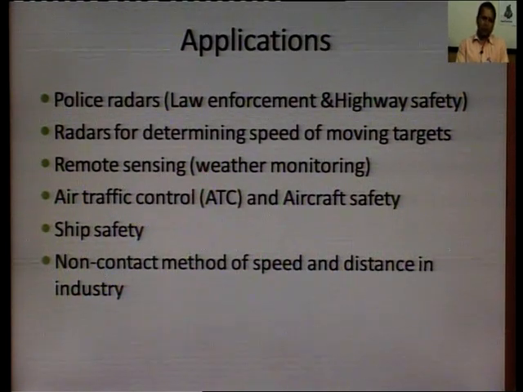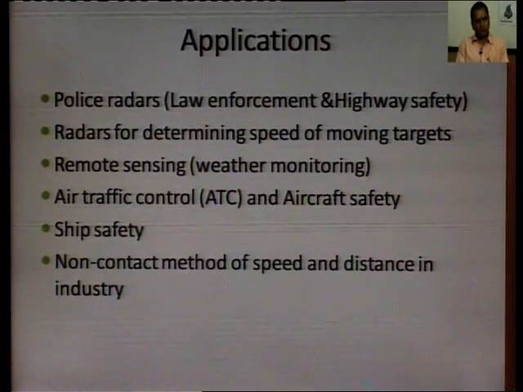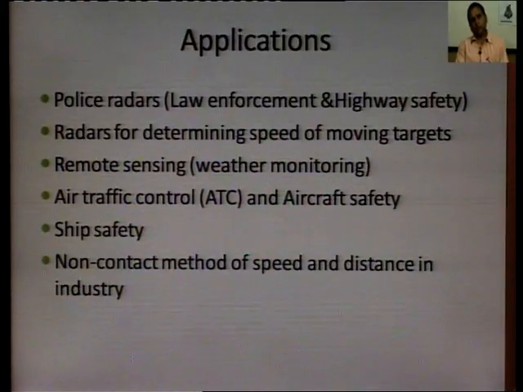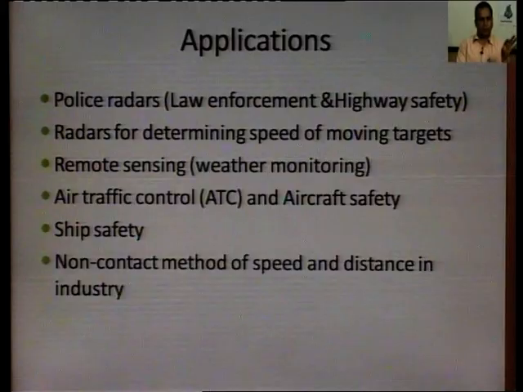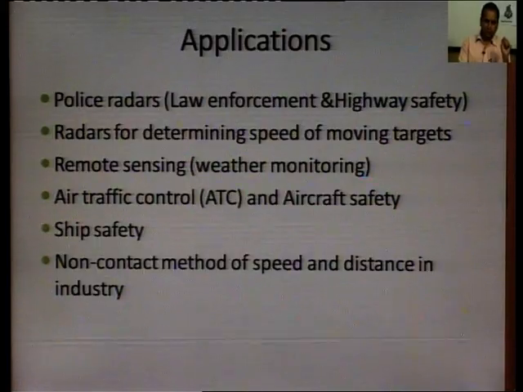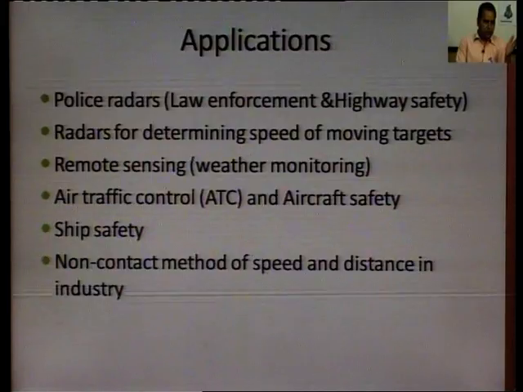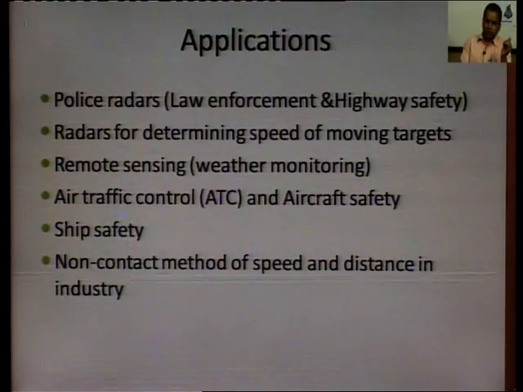In air traffic control, as well as for aircraft safety, we use the radar system for controlling the traffic of aeroplanes in the air as well as on the ground. Then next is ship safety. Ships are also navigated by using the radar system.